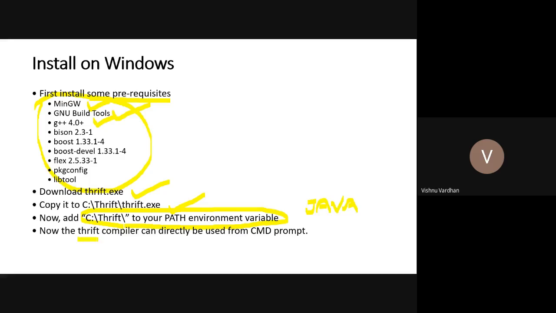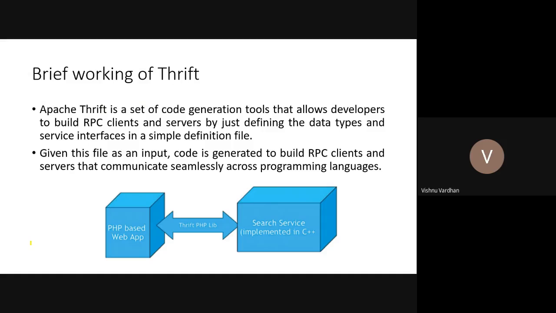Then you can directly run the compiler from the console. So these are the steps, and while doing this some kind of issues may also be there because it's an open standard, so sometimes the packages get updated and you may face some issues also.